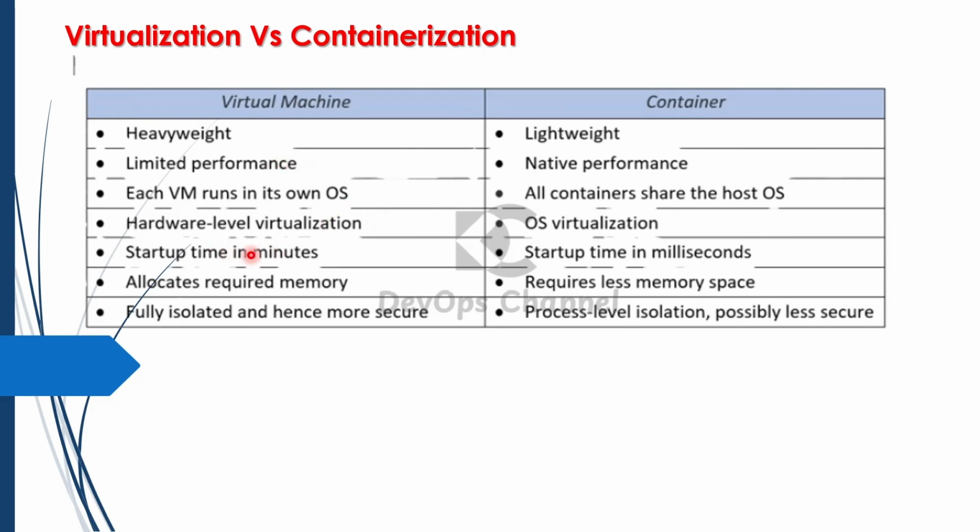As they are heavyweight, they take minutes to start up while the container takes milliseconds to start up. Now the VMs have their own operating system, so they will definitely require their own library dependencies of megabytes in size. They allocate memory and also require higher RAM to run, while containers don't.